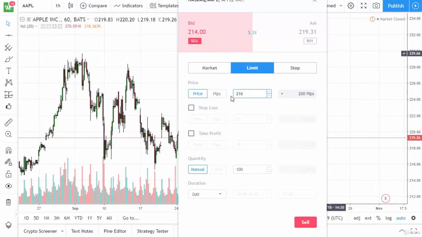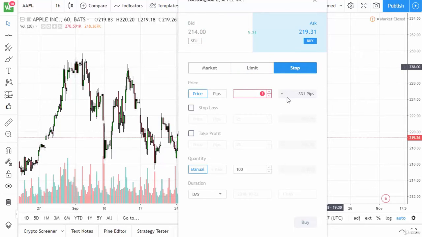Now, there's also the buy stop order. So a buy stop just means that it's a bid that's placed above the current price. So I'll just do 220. And it's only filled at or above that price.